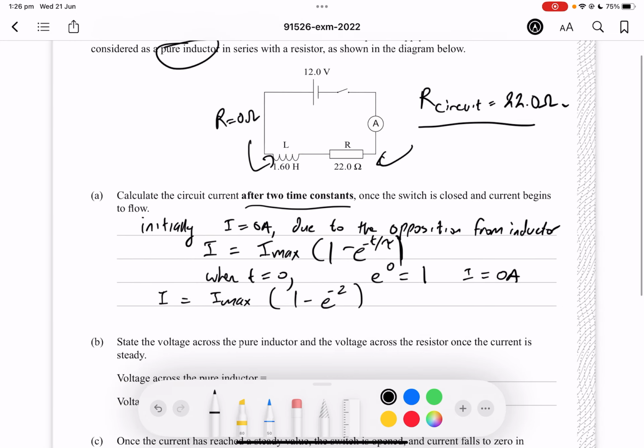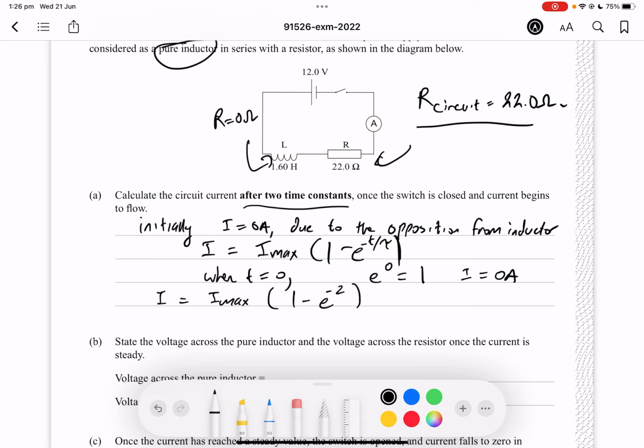The maximum current is going to occur when the voltage across the inductor is 0, and all the voltage is across the resistor. The pushing voltage of the inductor is going to start dropping, and eventually when the steady state current is reached, the voltage across the inductor is going to be 0. So that's when the maximum current occurs.